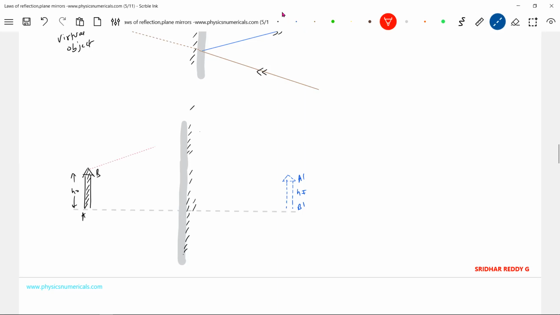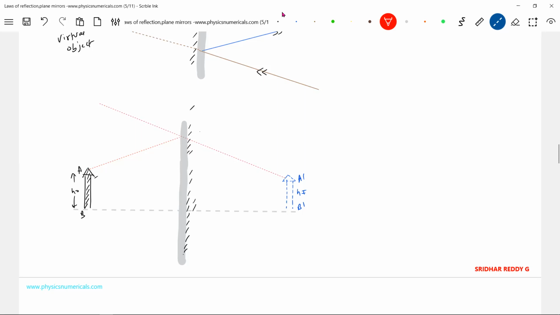The ray emitted by B after reflection, A dash, no, okay, I think this is A, this is B. Okay, the ray emitted by A after reflection, oh, colors, where's the red color? Here. Will be like this.